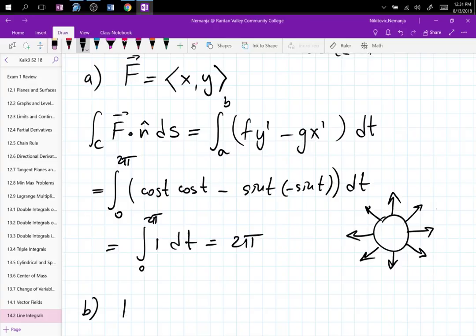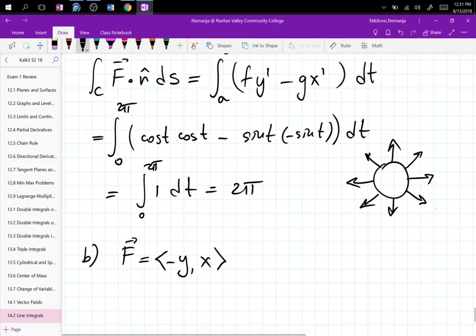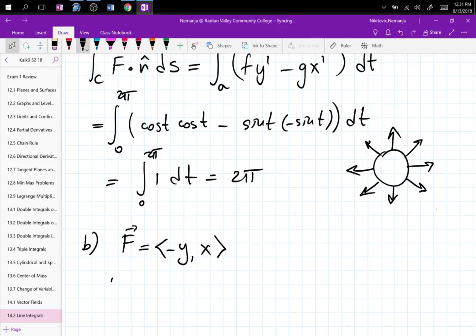Now we have the rotational, and we are expecting what for rotational? One big fat 0. Thank you. So we have the integral 0 to 2 pi.